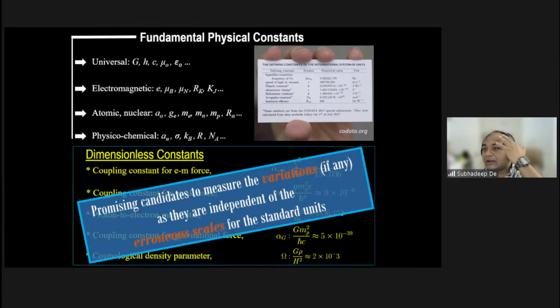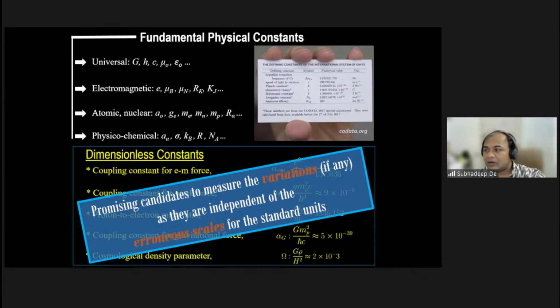So as I said, if we really want to measure whether these constants are fundamentally constant or whether we just consider them to explain our models, then we have to measure these values very, very accurately over a long period of time and try to find out whether they have changed over time or not. So for that, dimensionless constants are much better quantities to measure than any other constants which have dimensions.